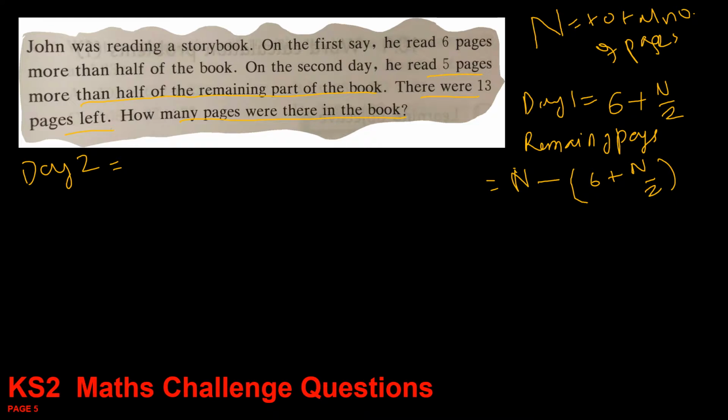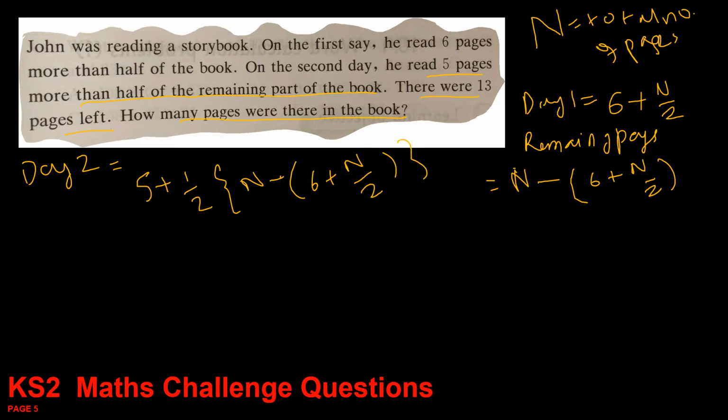So the remaining part we have got, and we put in a curly bracket because there are 2 brackets we are using, just so that we understand clearly. Please don't be confused with this. So n minus 6 plus n by 2, this is our day 2.